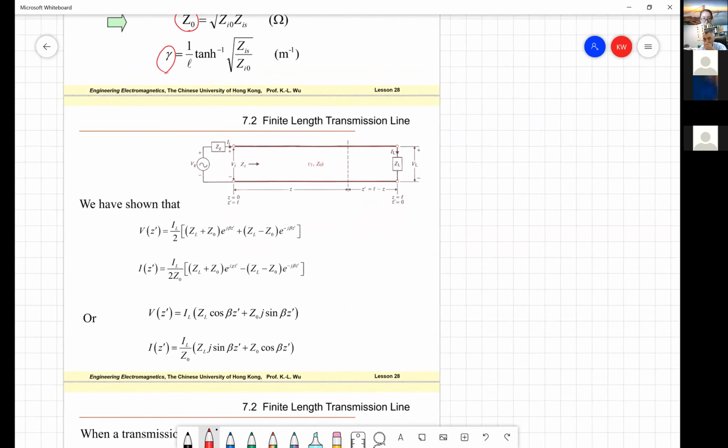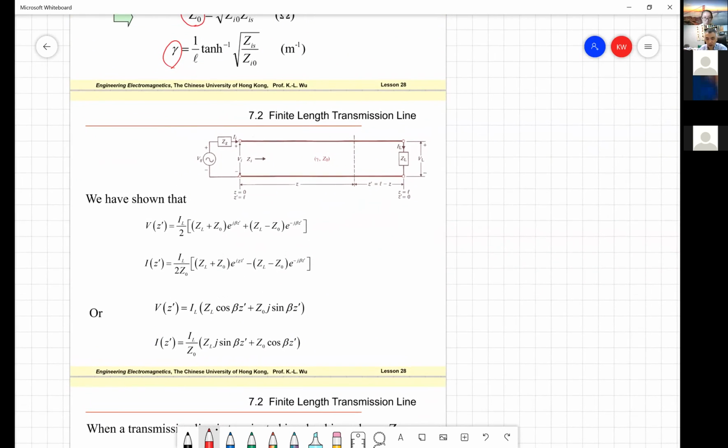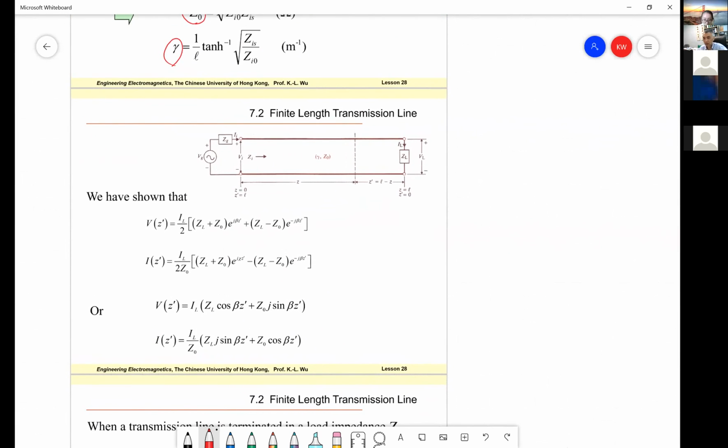Now, let's go back to look at the property of the voltage and the current, because voltage and current are somehow much easier to measure. Much easier to measure the voltage than to measure impedance. You can think about it: to get impedance, you must know the voltage and the current, right?